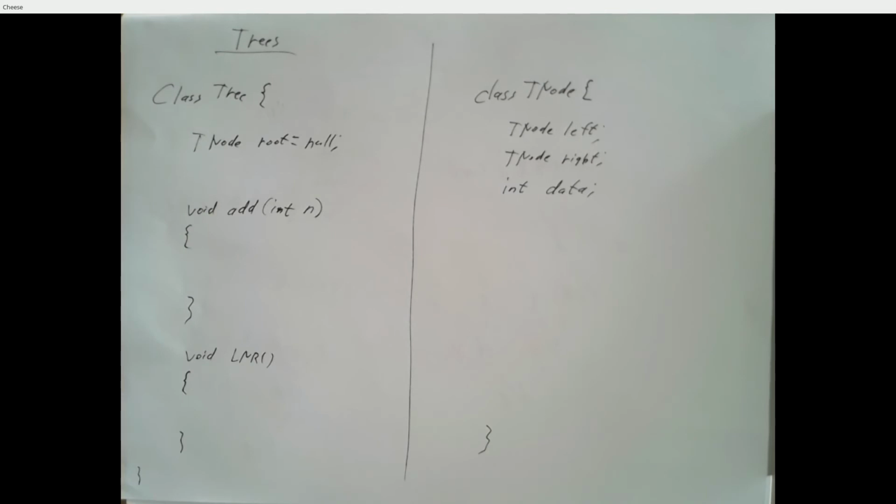Otherwise, if our data is smaller than the root, insert it into the left subtree. Otherwise, insert it into the right subtree. Right? And then we almost had to do no work at all, except for inserting into an empty tree.